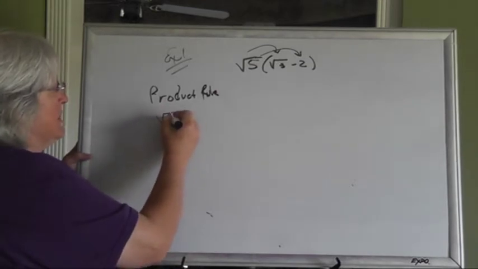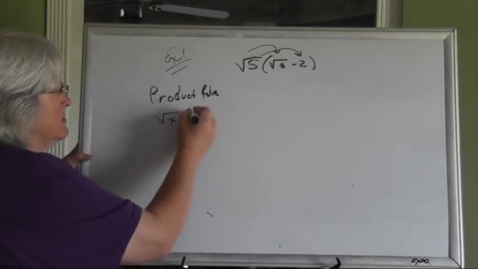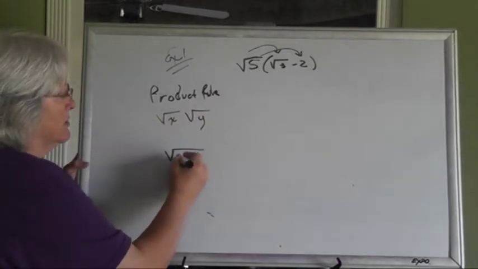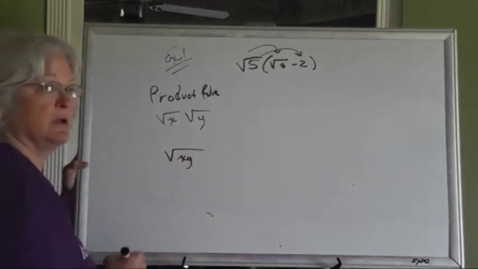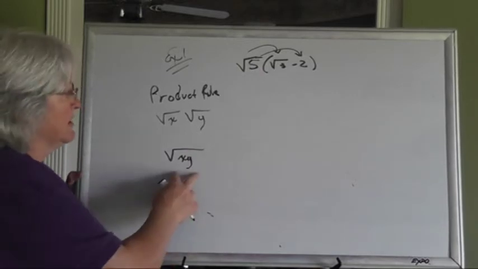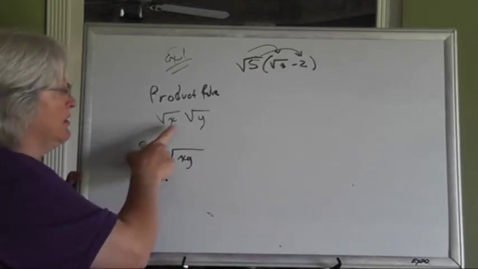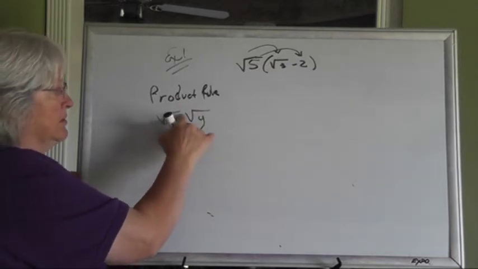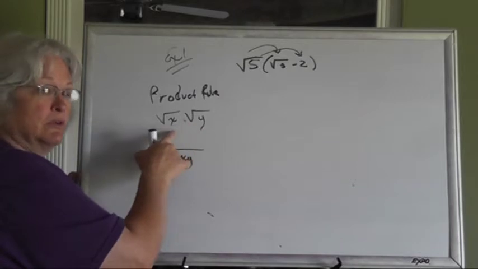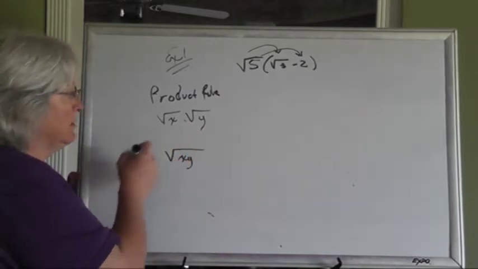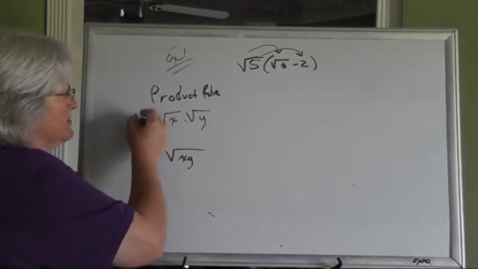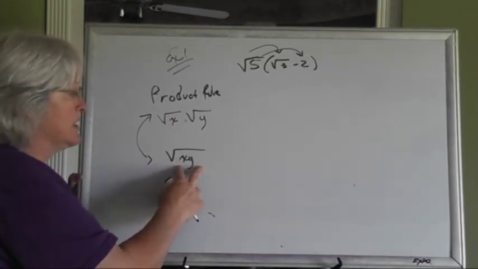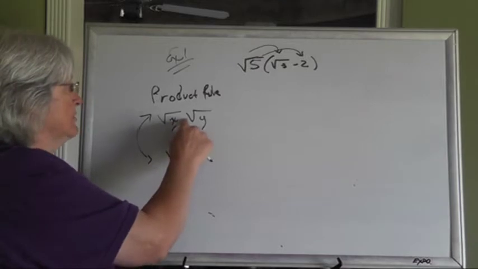And this says that if you have the square root of x times the square root of y becomes the square root of xy. What we have right here is the product. We're multiplying together two roots. Right here, with the square root of xy, we've multiplied those two factors together before we take the square root.